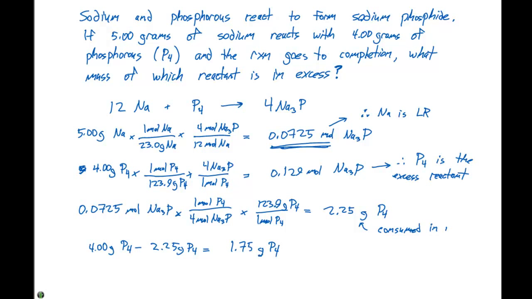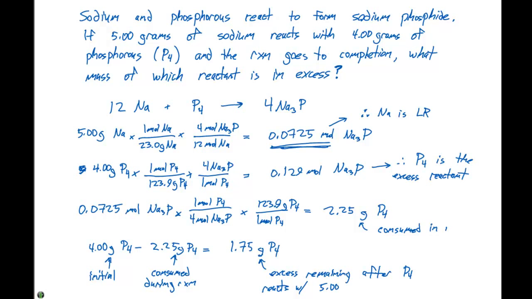So this is our initial amount of P4, this is the amount that's consumed during our reaction, and this is the amount of excess remaining after the P4 reacts with 5.00 grams of sodium.